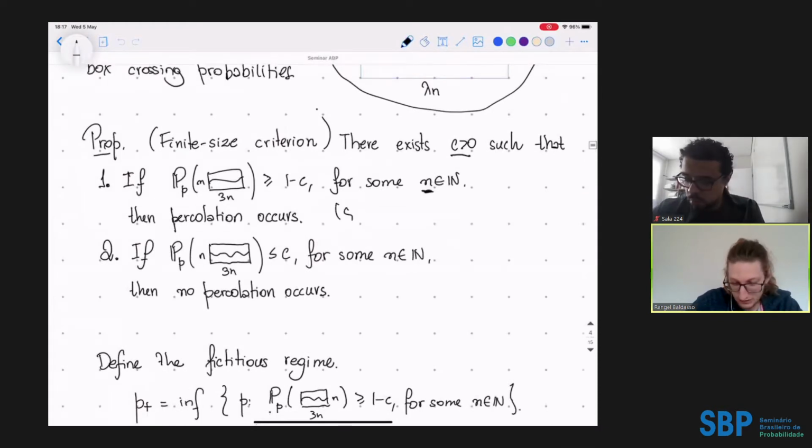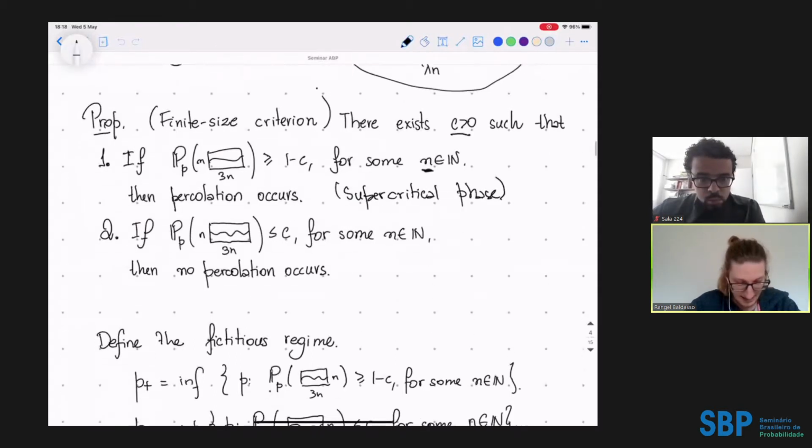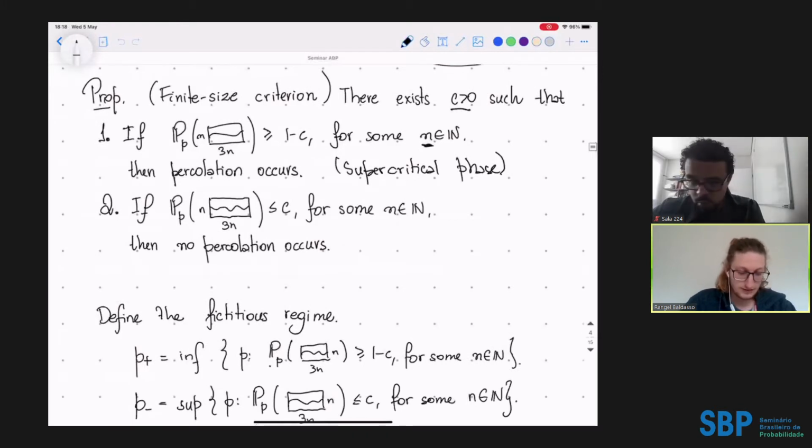So you are in the supercritical phase. And on the other hand, if this probability of crossing is small enough, then no percolation occurs and you are in the subcritical phase.